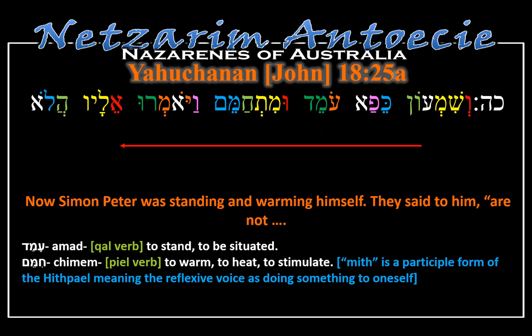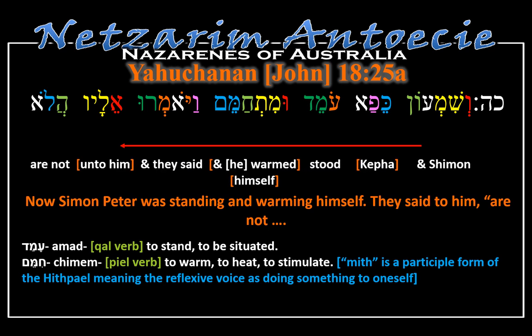And we're going to read it. Shimon, Kefa, Omed, Umitchamem, Vayomru, Eliav, Hallo. And the translation, and Shimon, Kefa, stood, and he warmed himself, and they said unto him, Are not?